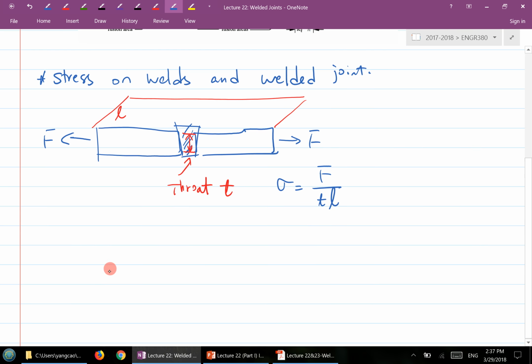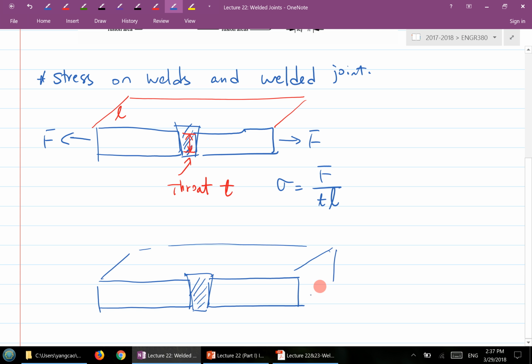Now take the same joint. The difference is that you have a force going like this. Instead of pulling or pressing, you have a shear force.